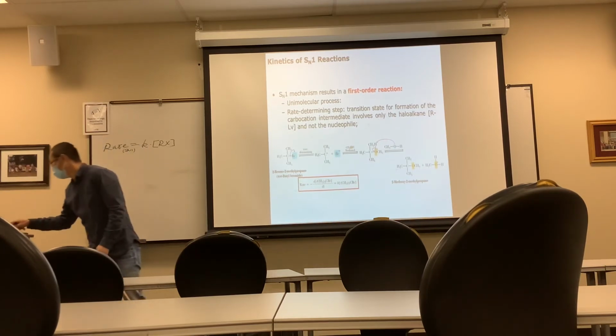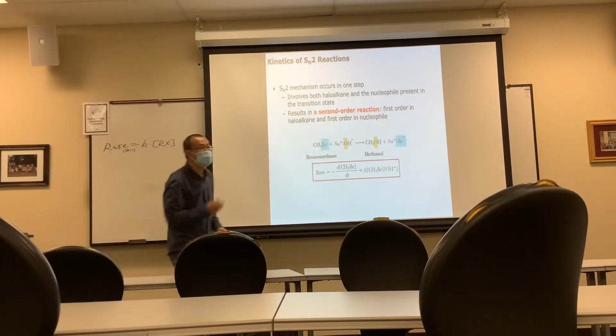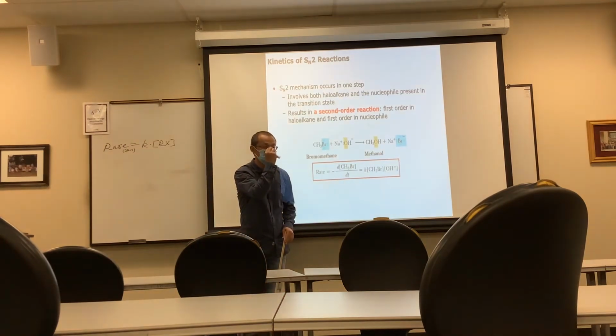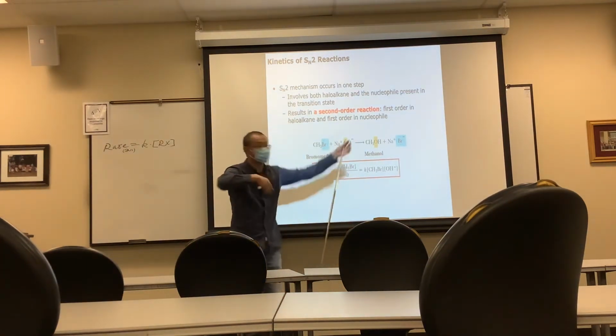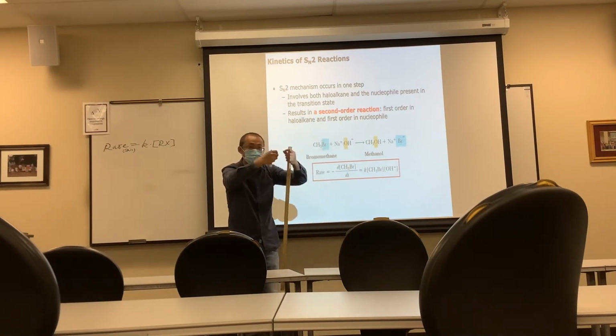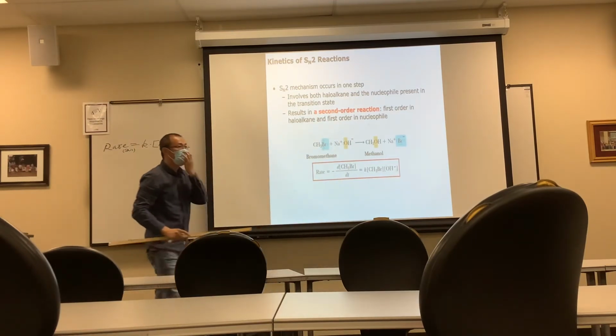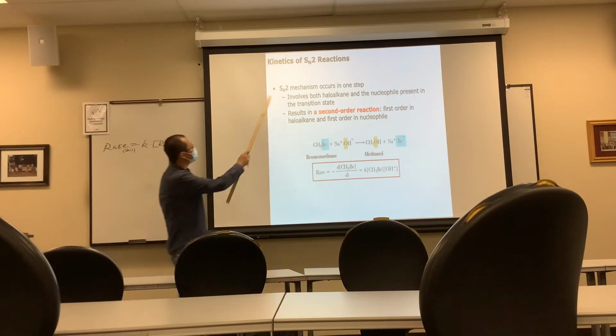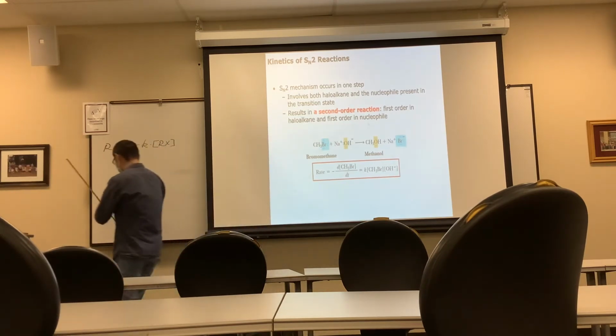Let's talk about SN2. We know SN2 involves how many species? Two, right? One guy coming and another guy leaving. So both are involved, and the reaction order for SN2 is second order.